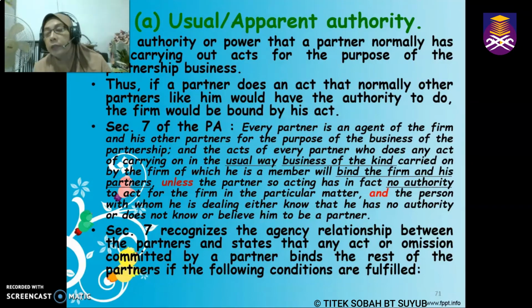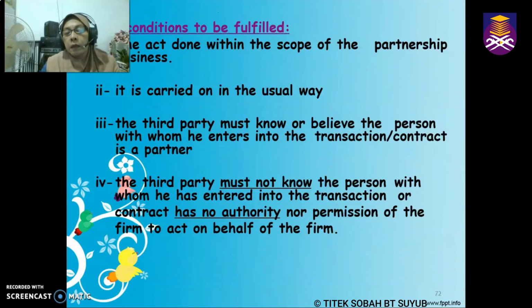From Section 7, I have listed four conditions which need to be fulfilled before we can say whether what is done by the partner will bind the firm or not. Number one, whether what is done by the partner is within the scope of the partnership business. Secondly, whether it is carried out in the usual way.